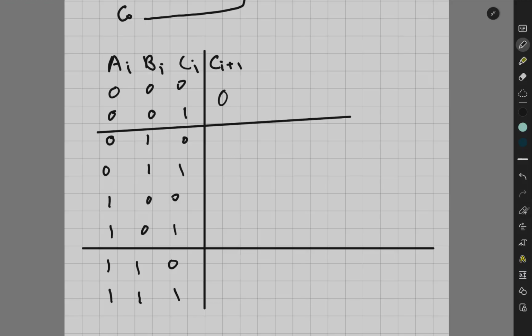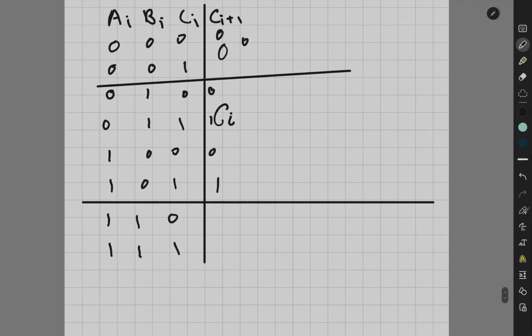But in this case, Ci plus 1 is actually equal to Ci, because when Ci is 1, the output follows. So we construct the table: 0 1 0 1. The output is Ci plus 1, and for the last one the output is always 1.